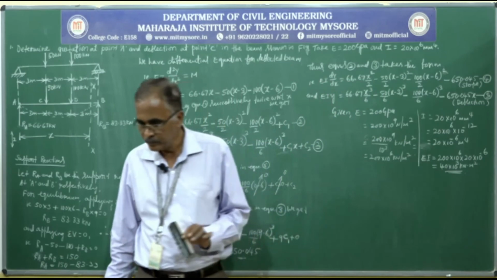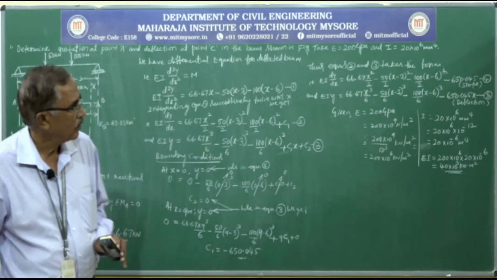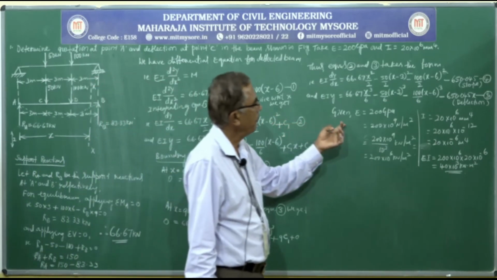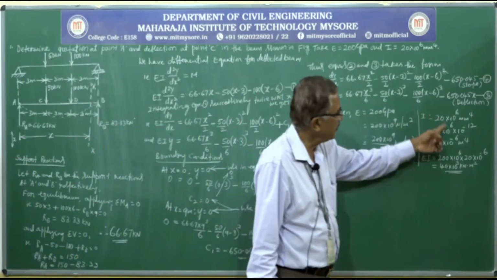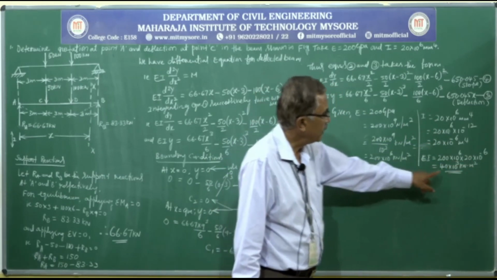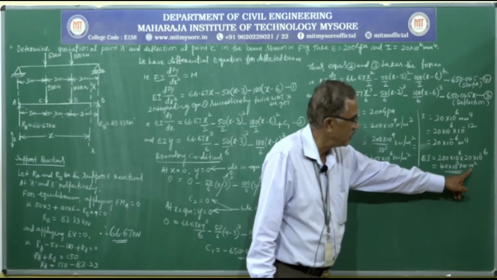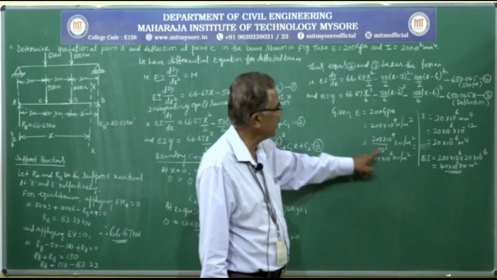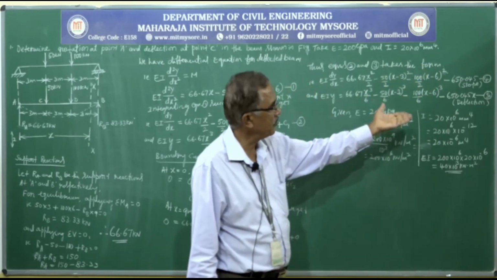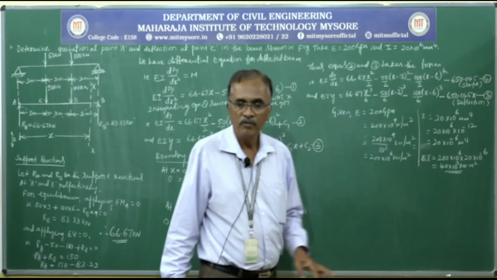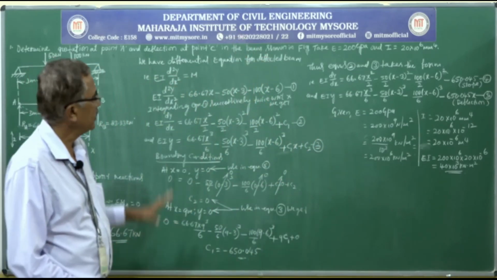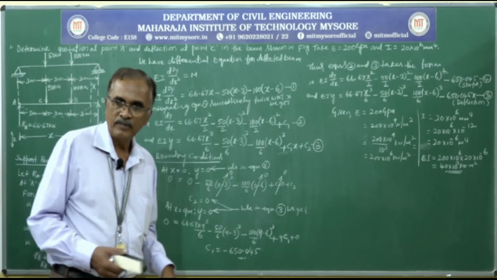Like this, we can convert the given Young's modulus and moment of inertia into the required unit. It is kilonewton meter square, not per meter square. Here E is in kilonewton per meter square, and I was in millimeter to the power 4, we have converted it into meter to the power 4. Now, everything is ready to obtain slope and deflection.